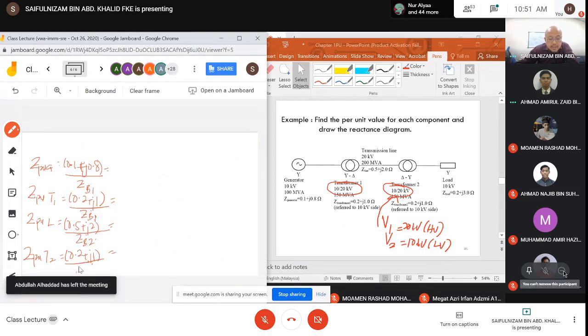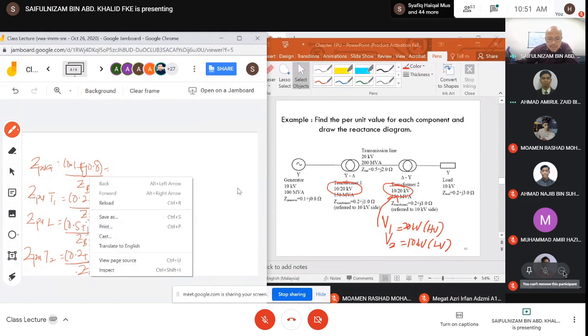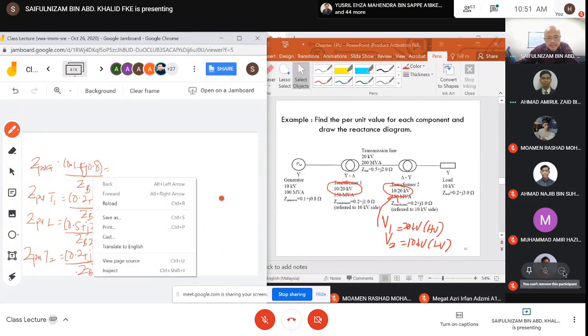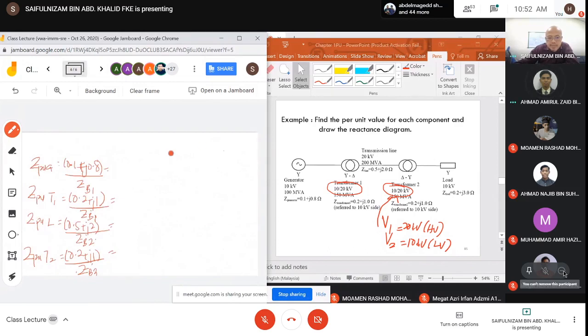For ZT2, referred to the 10 kV at the secondary, this is also at zone 3, so Z base 3. Before that, what are ZB1, ZB2, ZB3? We didn't calculate them yet, right?